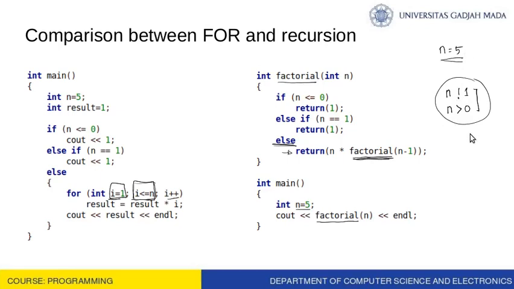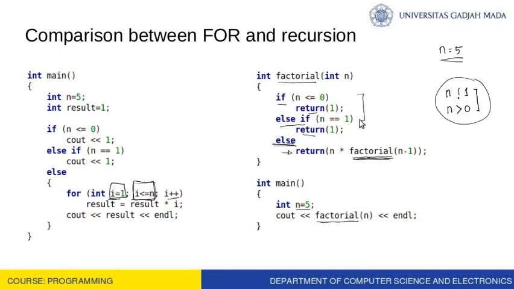And then what condition stops the looping? In recursion, to stop the loop, you just need to return a value without calling any function. You can see that in this condition, else if n equal to 1, and this condition n less than or equal to 0, we don't have any function call.